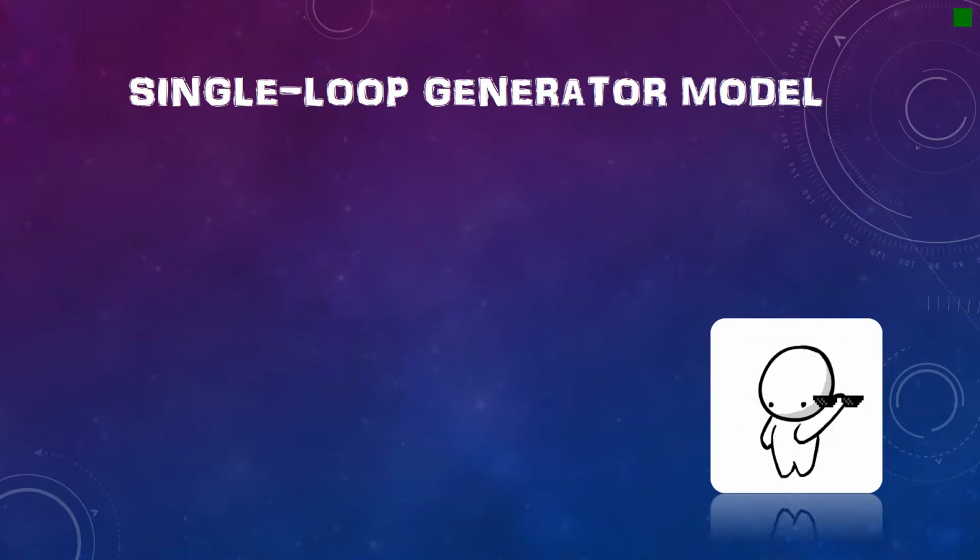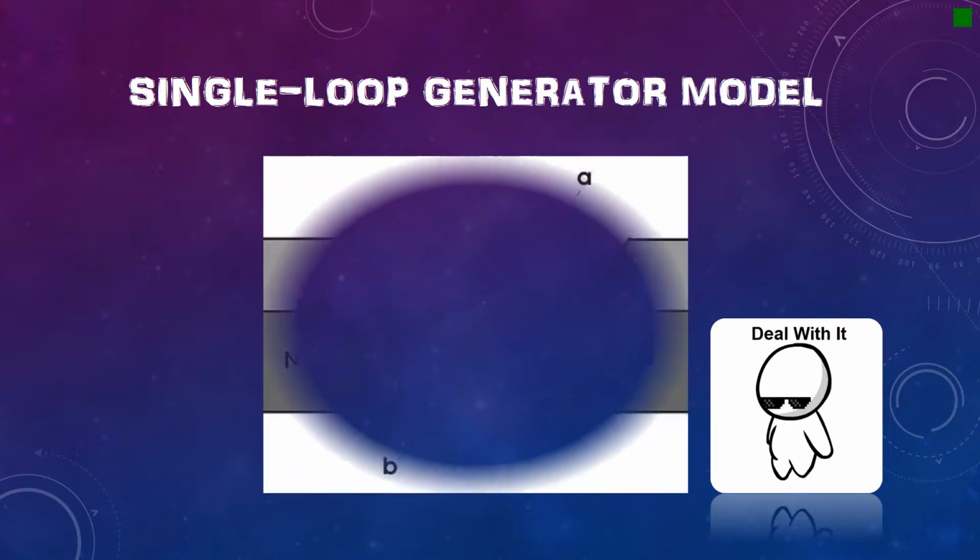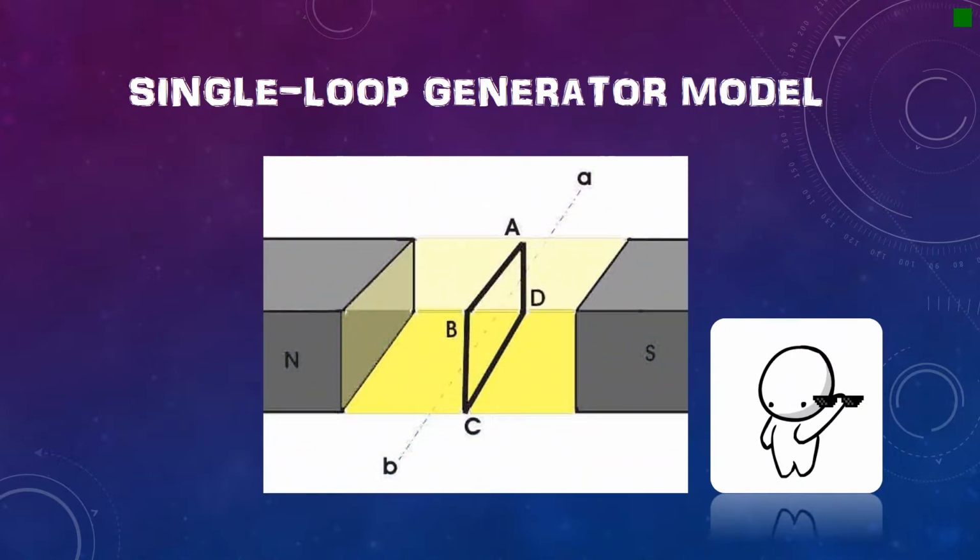Before we go into the working principle of the DC generator, we look at the single loop generator model first. In this figure, a single loop of conductor of rectangular shape is placed between two different poles of a magnet. Let us consider the rectangular loop of conductor ABCD, which rotates inside the magnetic field.